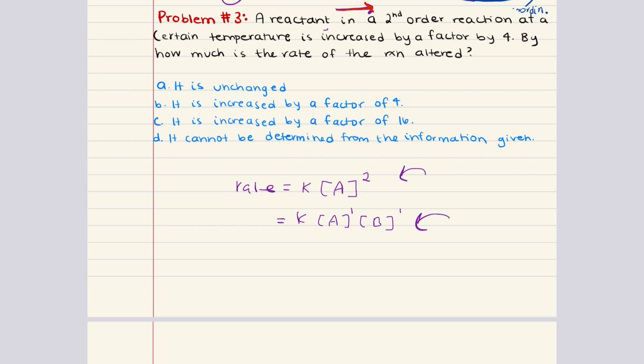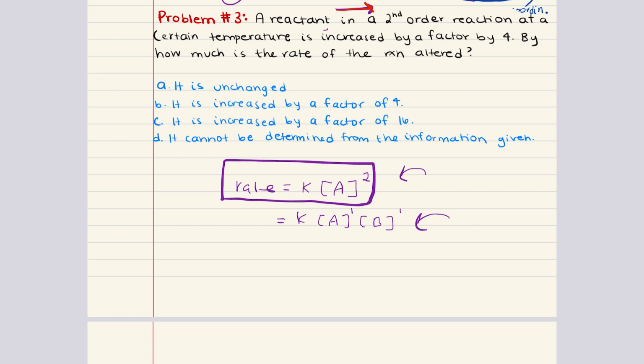Now, I do want to play along to this just so we can cover some basics here. If the reaction is second order with respect to the reactant, so if we're talking about this scenario right here, and then we increase the concentration of this reactant by a factor of 4, what would happen to the rate?